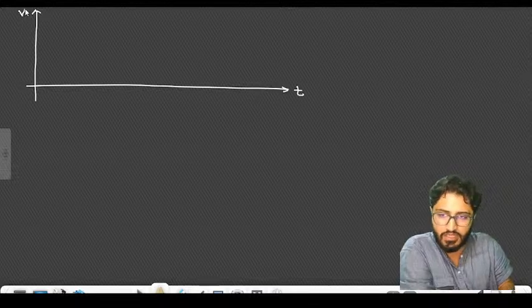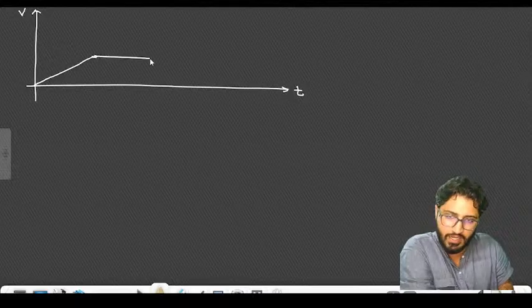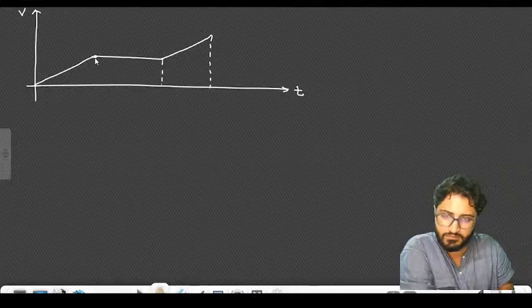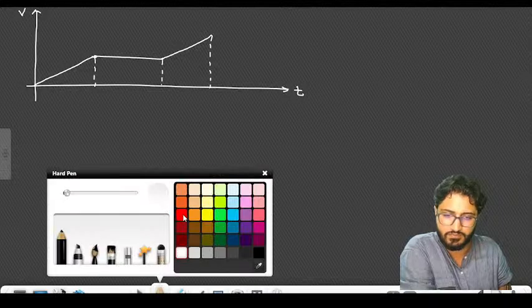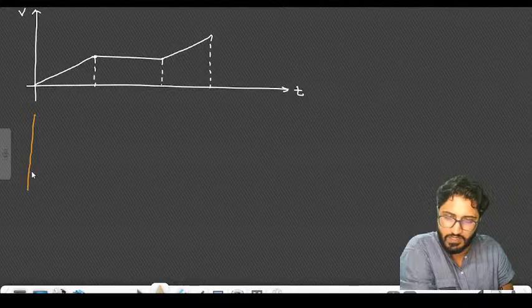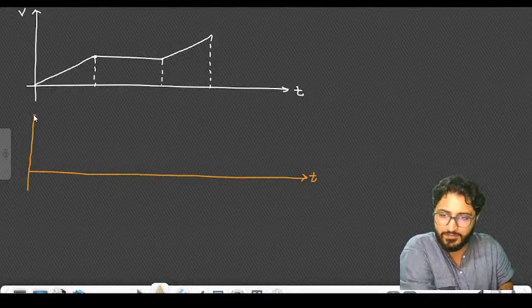Time. If my velocity time graph is given, one like this, second like this, third like this. Now we have to make the xt graph.